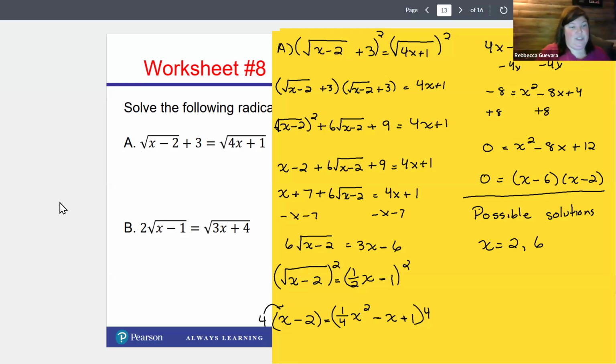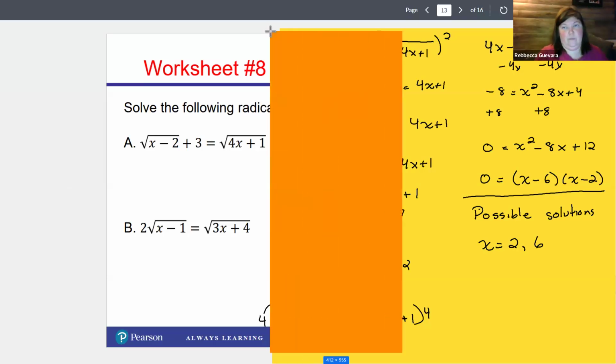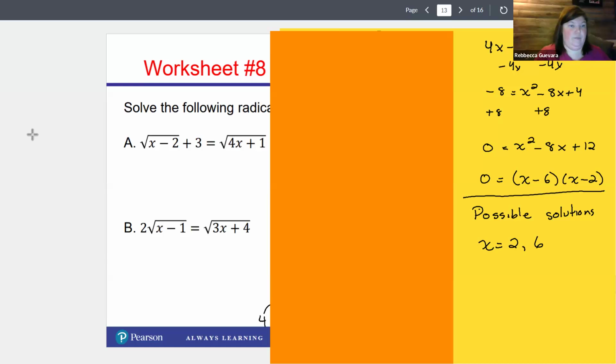The next part is we just need to check those solutions. So I'm going to check x is equal to 2 first.